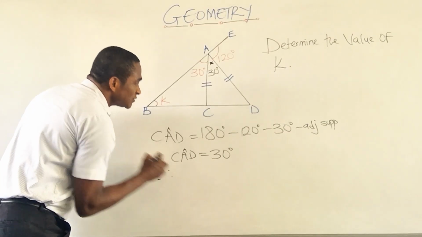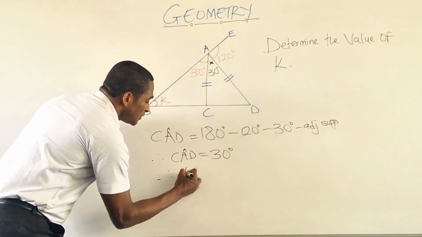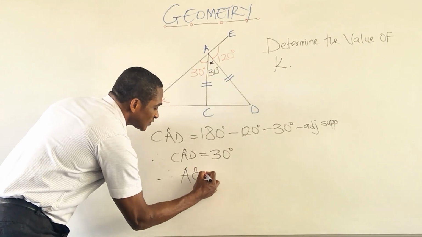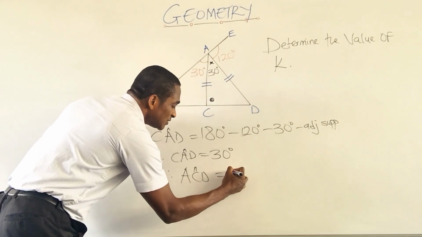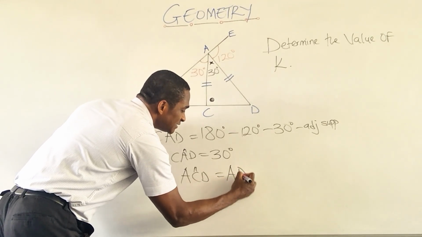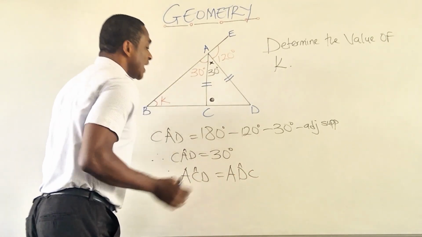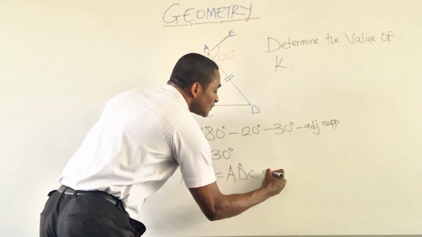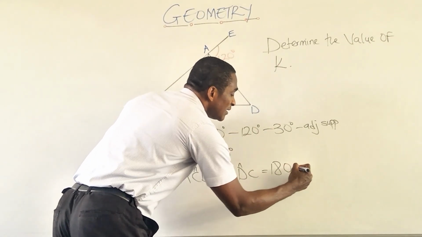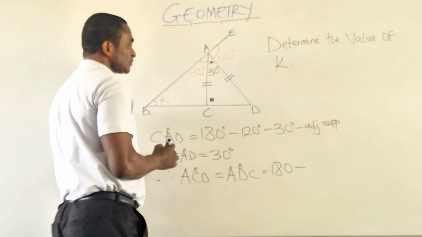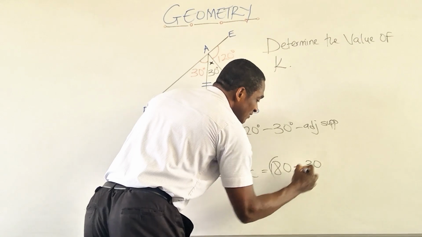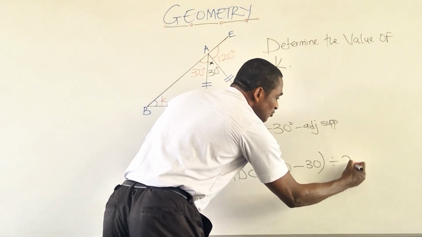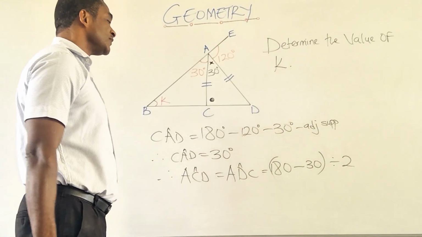Therefore, angle ACD, which is this angle, will be equal to angle ADC. And both of them will be 180 minus 30, all divided by 2, because they are supposed to be equal.